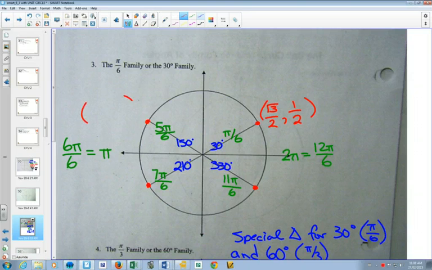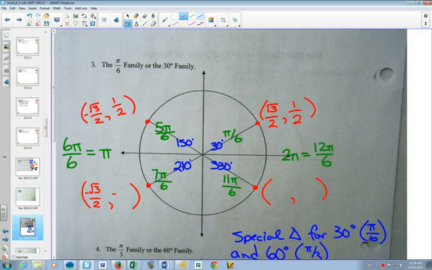Then all the points are going to be the same. The only difference is some will be negative and some will be positive according to the cast rule, or just thinking about in that quadrant. If I go to quadrant 2, does it make sense that my x-coordinate is going to be negative, but my y-coordinate is still positive? And when I go to quadrant 3, both of those coordinates are going to be negative. And when I go to quadrant 4, my x-coordinate is positive, but my y-coordinate is negative.